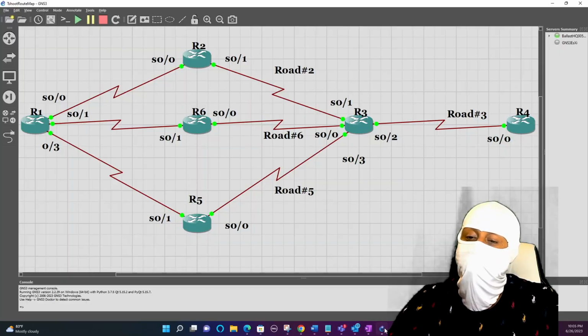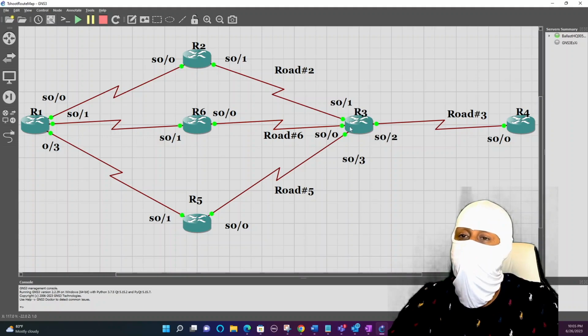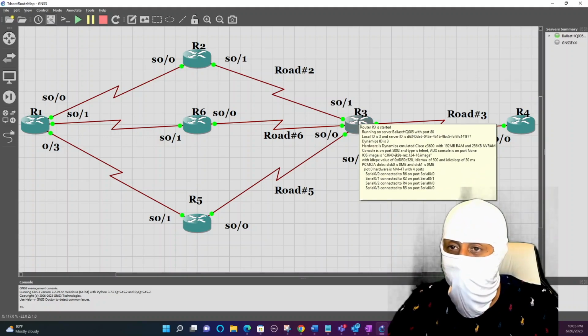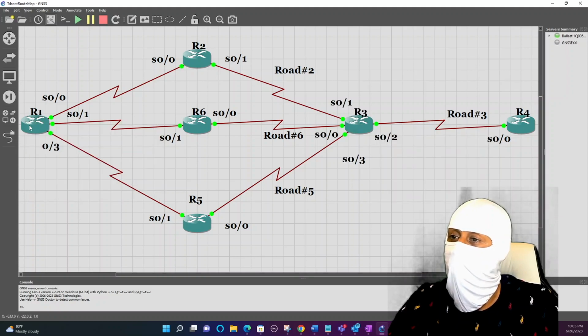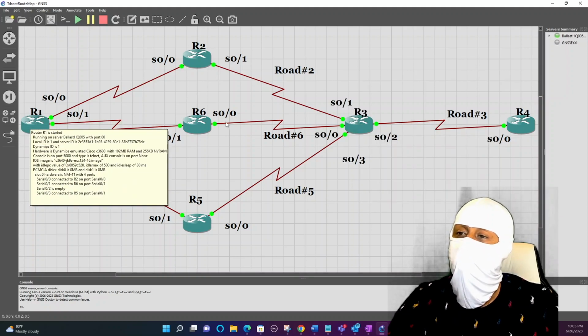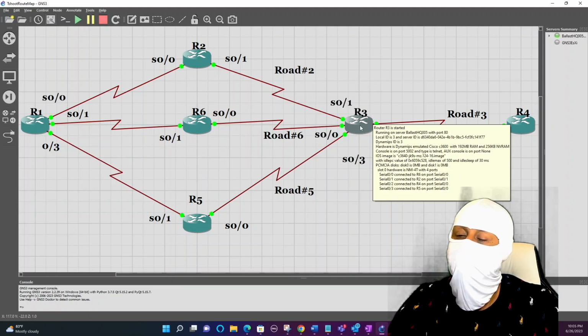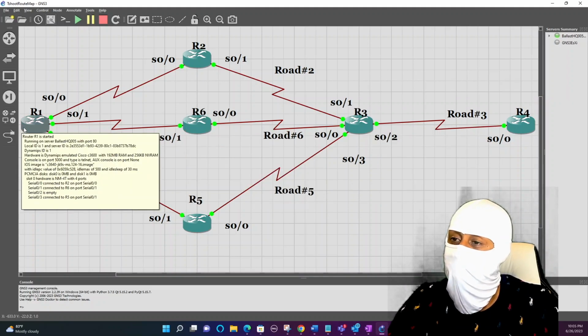The important thing to know about reported distance and feasible distance: R3 has a reported distance to that destination network over here. The reported distance is the distance from the neighboring router all the way to the destination network.